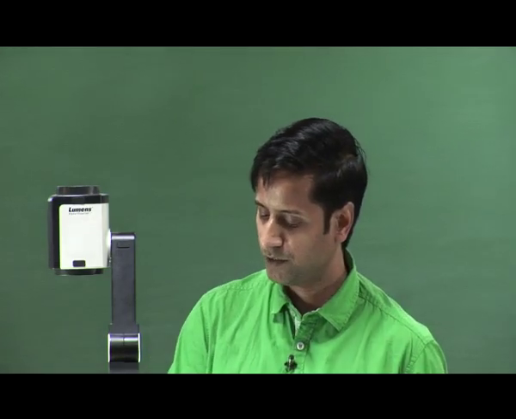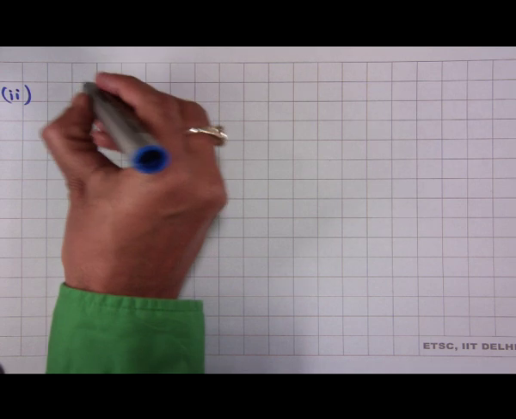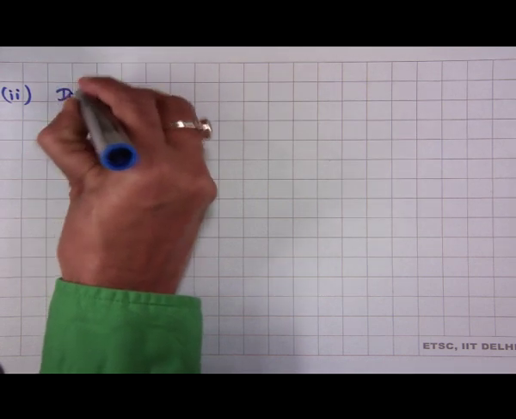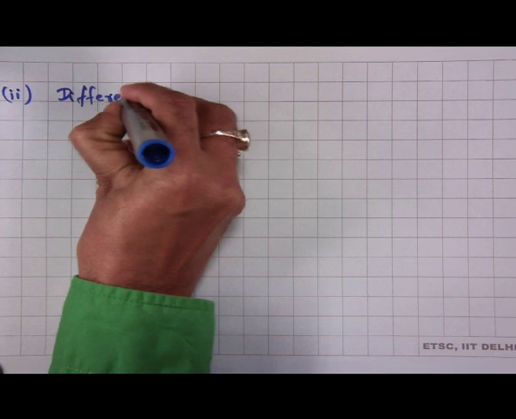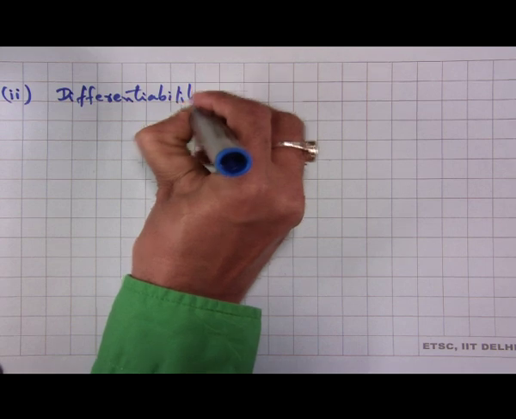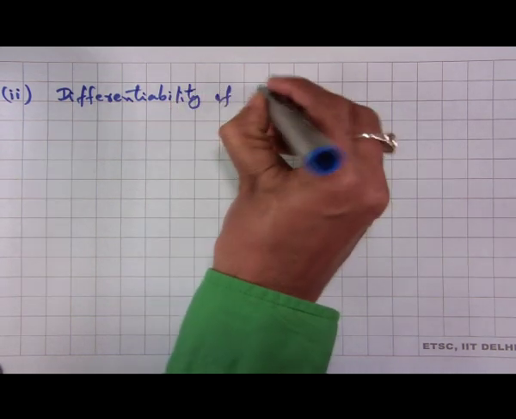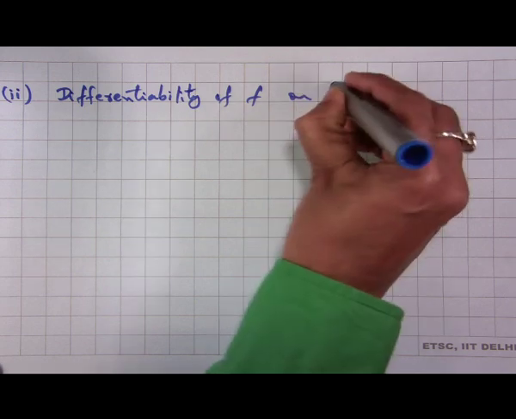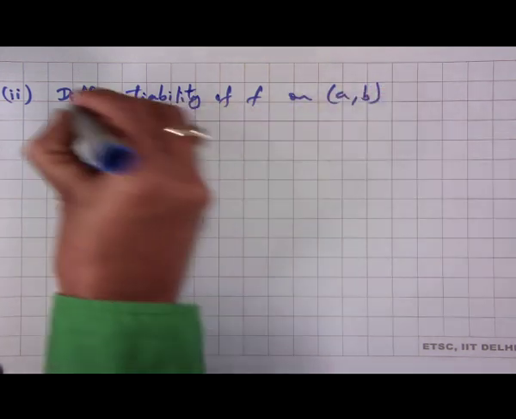The second assumption is that f is differentiable on the open interval (A, B).